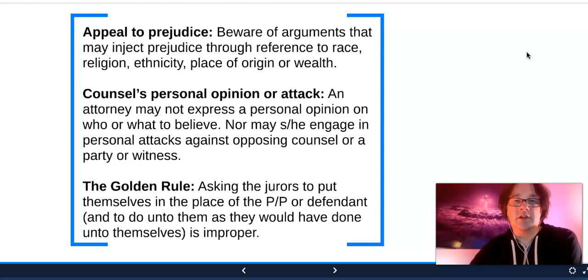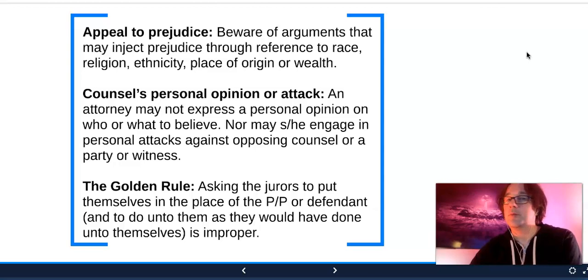Also, the golden rule, asking the jurors to put themselves in the place of the prosecution or the defendant, and to do unto them as they would have done unto themselves, is improper, right? So saying to the jury, what would you have done if you were in that same situation? Wouldn't you have done the same thing, right? That's an objection right there.